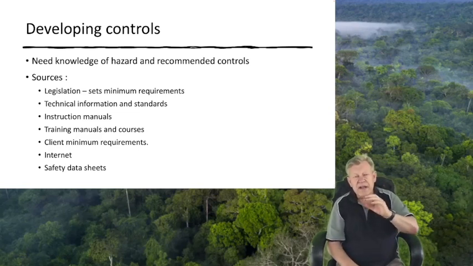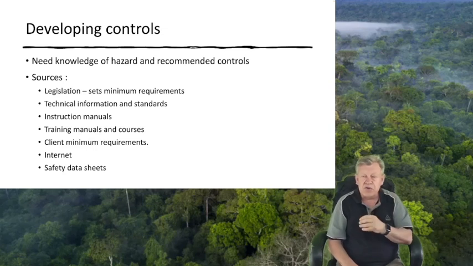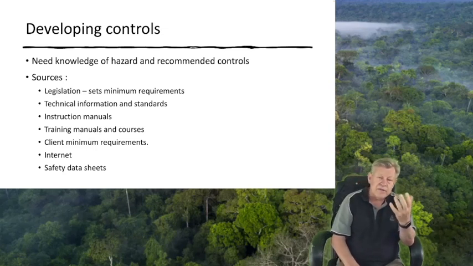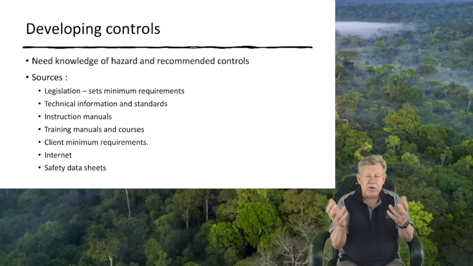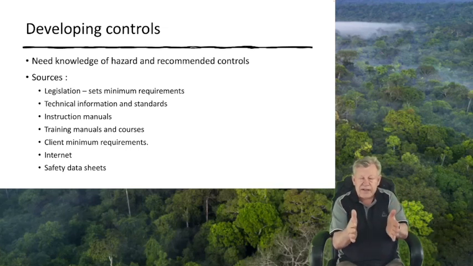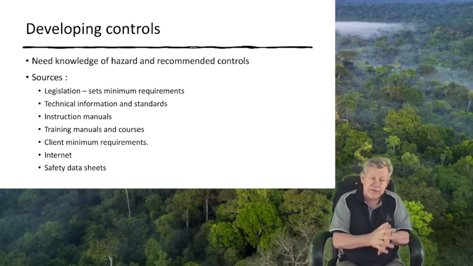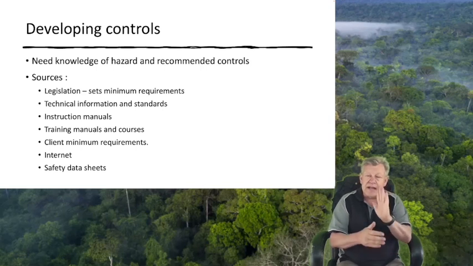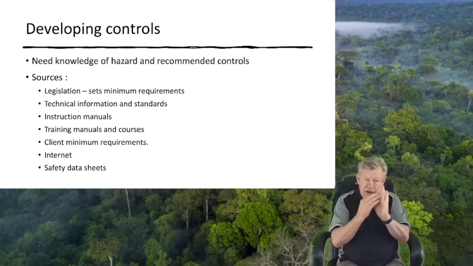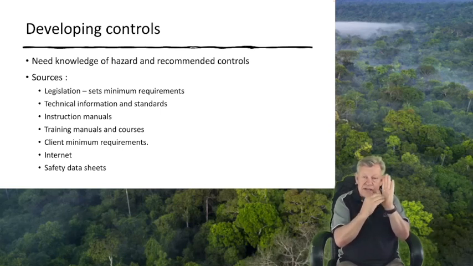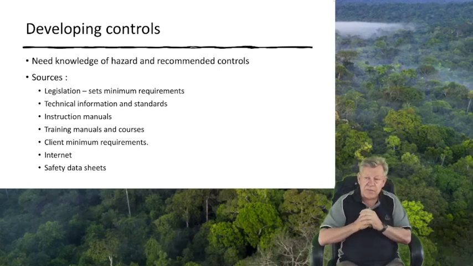I can also find the recommended controls in technical information. If you buy an angle grinder or a machine, it will tell you in the instruction manual what you should do to keep yourself safe. If you buy hazardous chemicals, if you use hazardous chemicals, you will get a safety data sheet that will tell you these are the characteristics of this chemical, this is how it may hurt you, these are the precautionary measures, and these are the first aid measures that you need to apply.